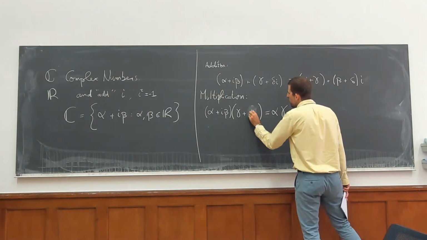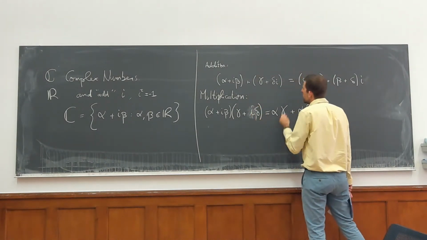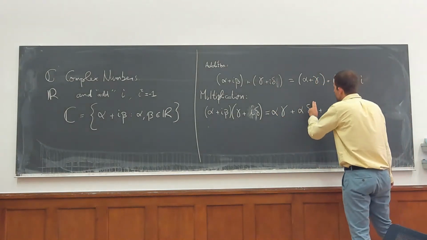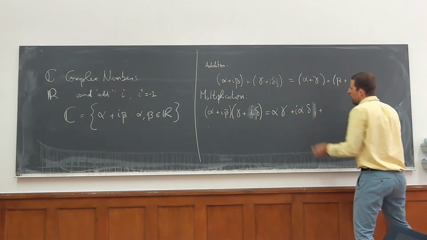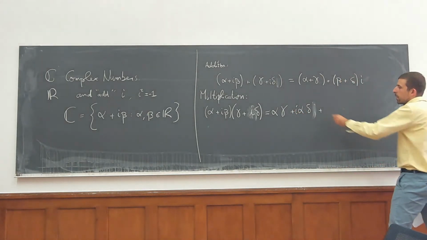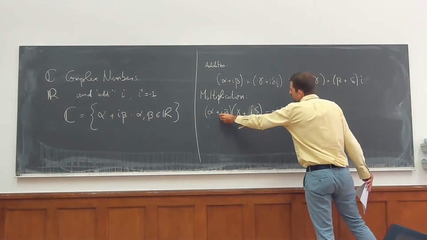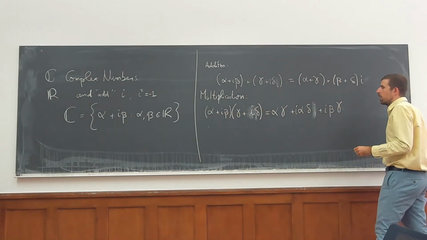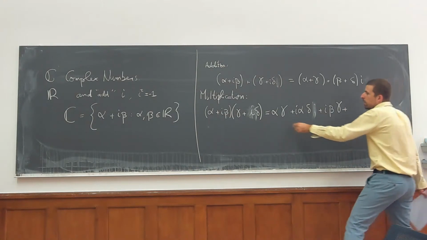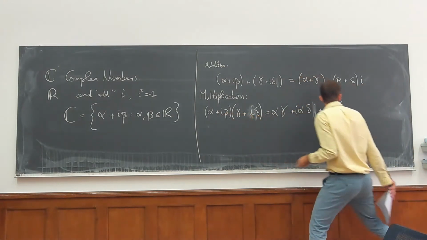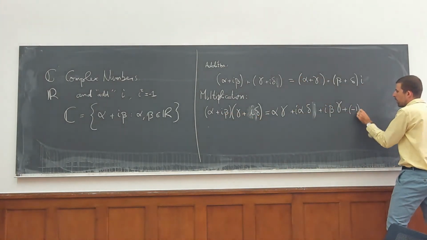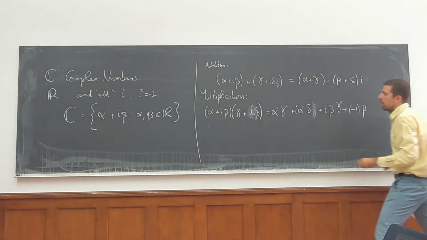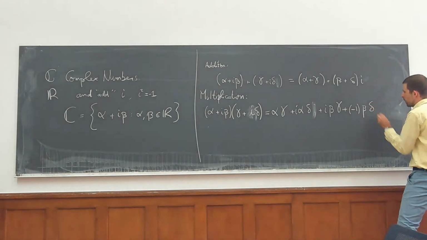I should be a bit more consistent. Let me put the i before. It doesn't really matter at all, but just for the sake of consistency. So then i alpha delta, and then I have i beta gamma, plus I get i squared, which is -1, and then I get beta delta.